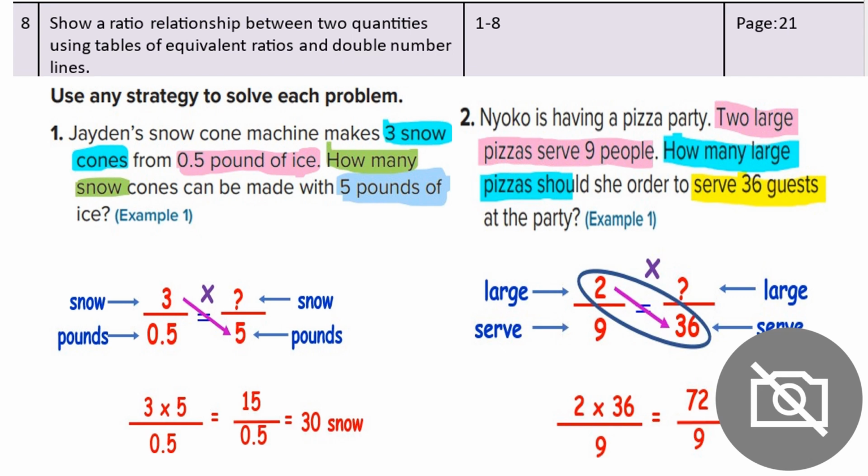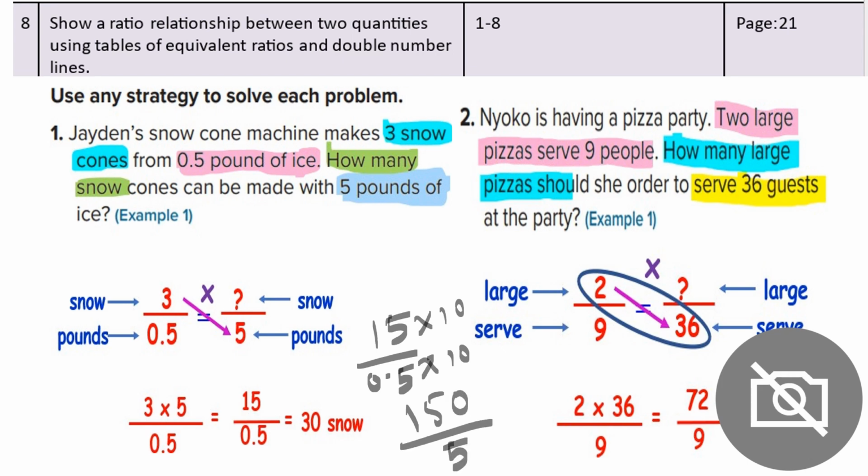So here cross multiply: 3 multiplied by 5, 15 divided by 0.5. To remove this decimal, you can multiply both sides by 10. So that will be 150 divided by 5. So 150 divided by 5 will be 30.